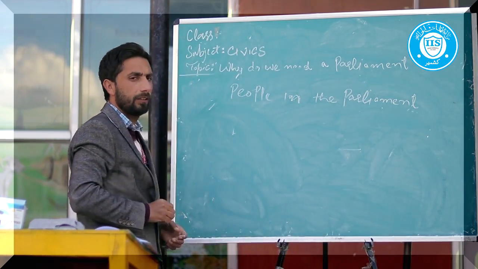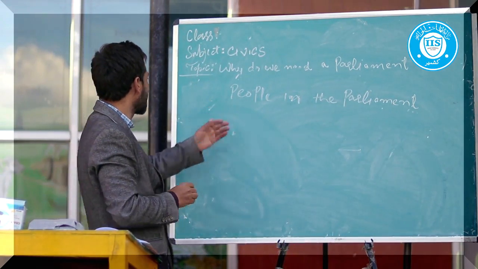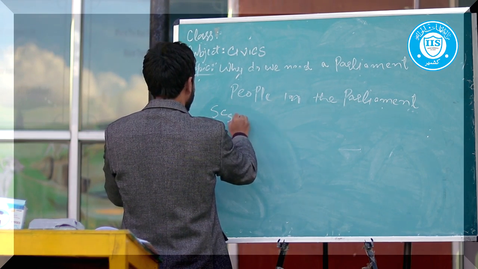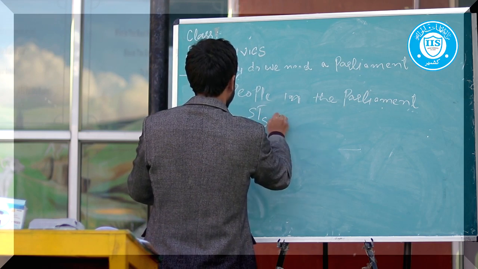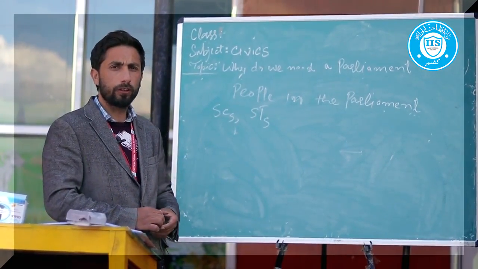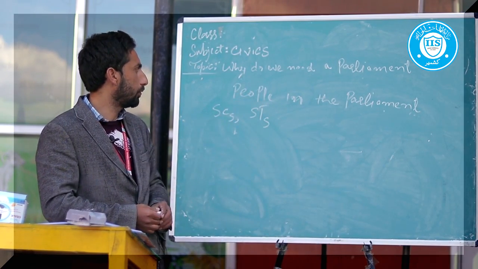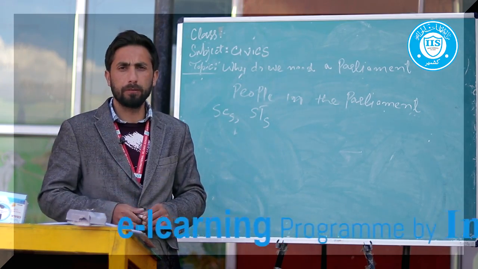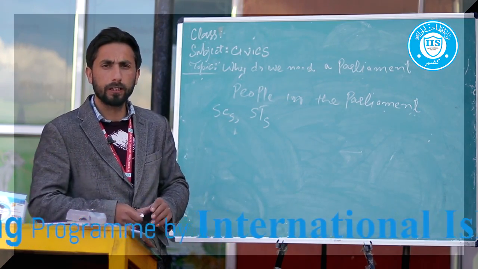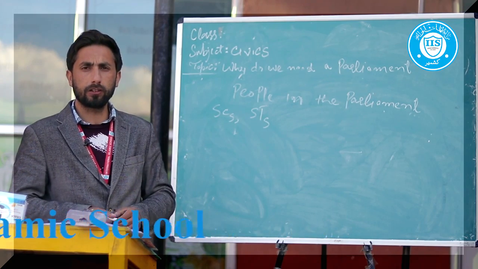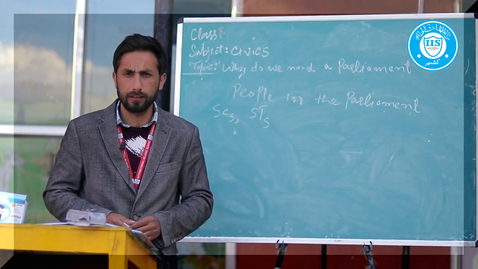Here we discuss the different sections of the society, for example scheduled castes, scheduled tribes, and other backward classes, people having different backgrounds who are now coming into the parliament.